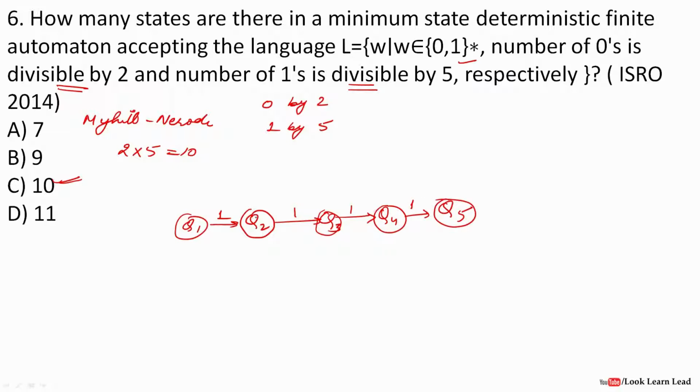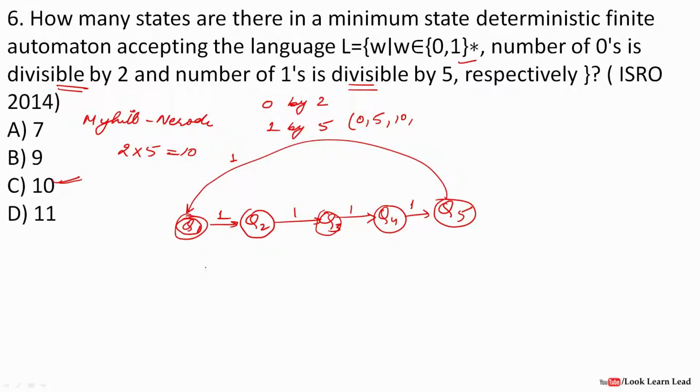So we have 5 ones, 1, 2, 3, 4. On the 5th one, I want to return to Q1 only. Divisible by 5 means it would be 0, 5, 10, so at 0 also it would accept. When the number of 1s is 0 also it should accept. So this I have made for 1.